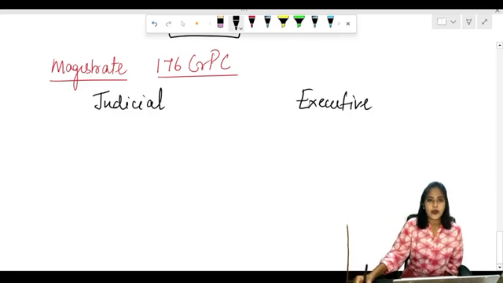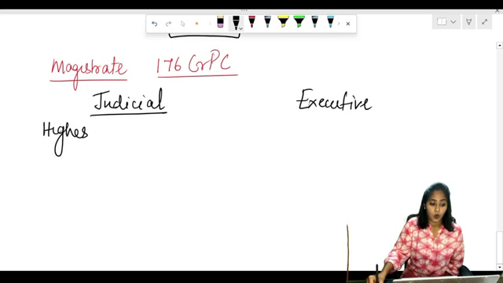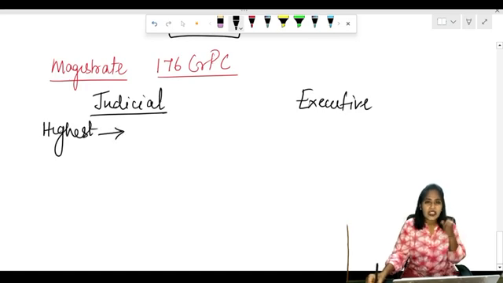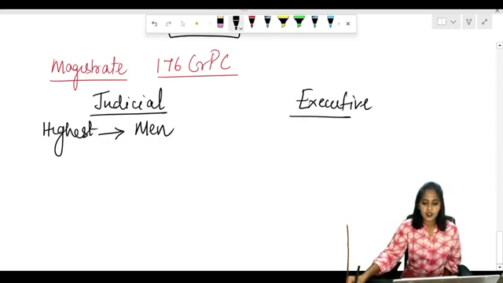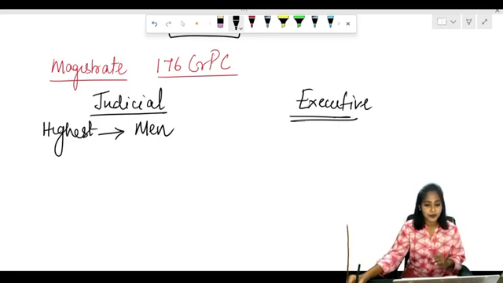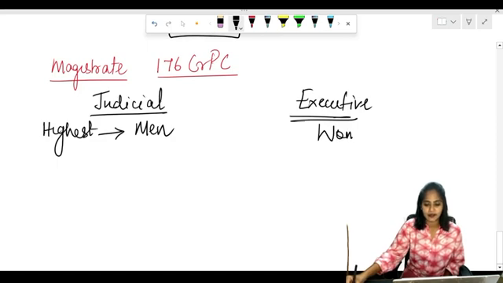I remember judicial as the highest. Why? Men have more muscle power. Executive, to remember, I say women are executives. Why? I will tell you. You have to remember this.